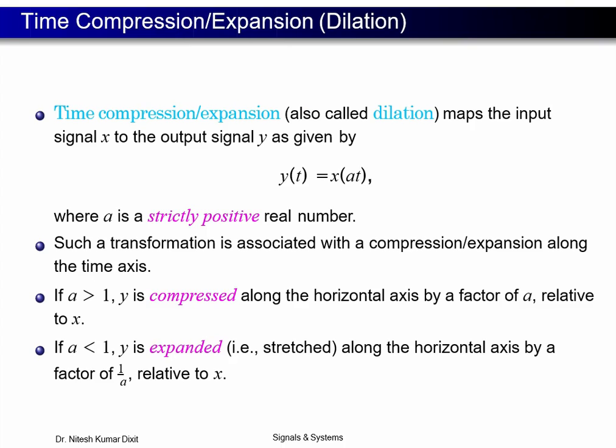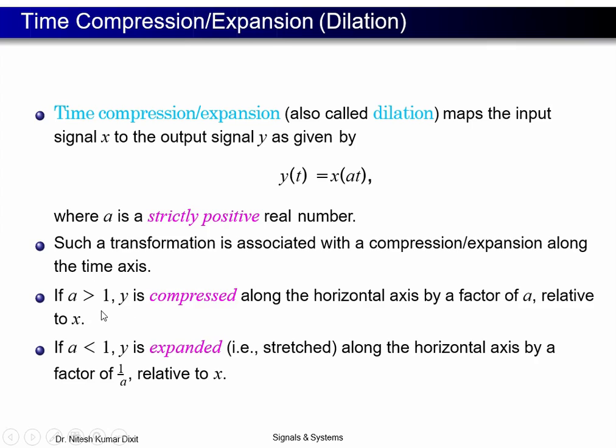Next one is time compression and expansion. Time compression and expansion is also called dilation. Here we can see that y(t) equal to x of at. Here a is a strictly positive and real number.